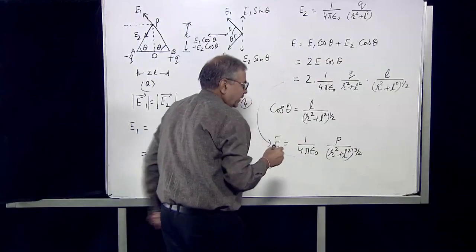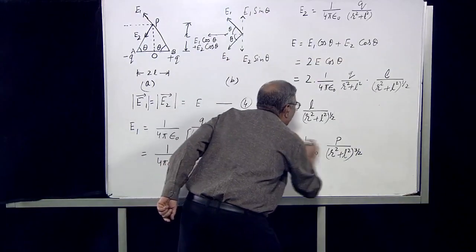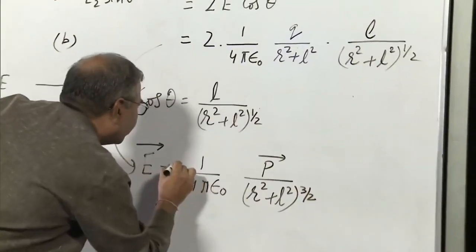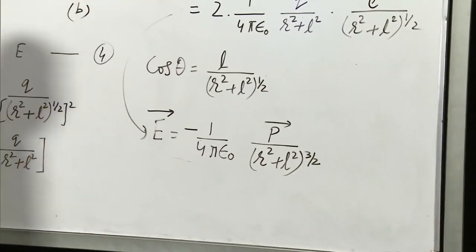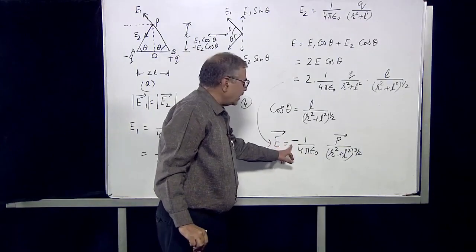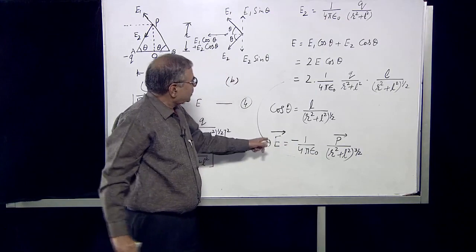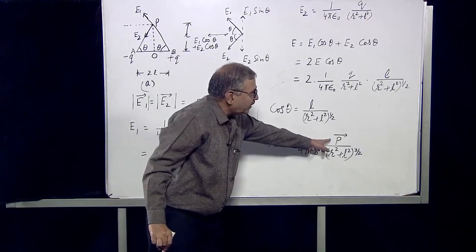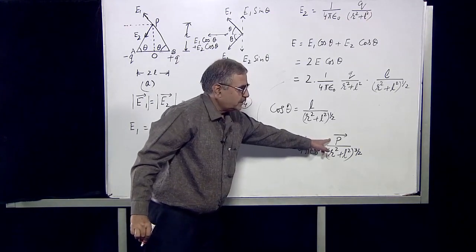So, how we will write it here? E is equal to, with a minus sign. Why minus sign has been introduced here? Because E and P are directed along different directions.